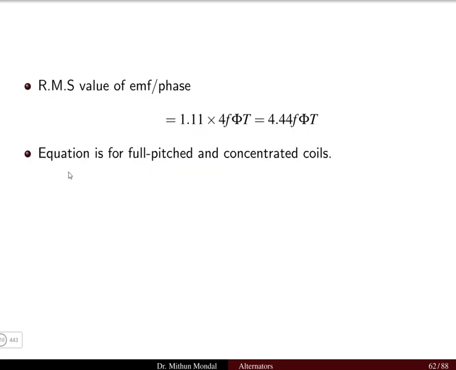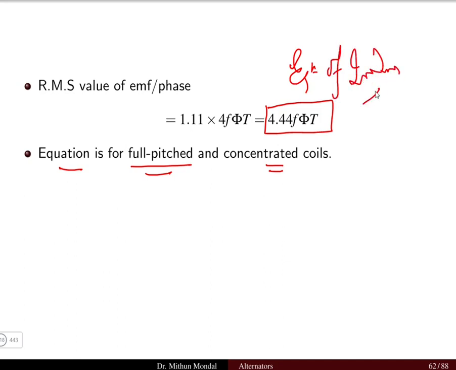Now this equation is for a full pitched winding and concentrated coils. So this is the equation of the induced EMF under the condition of full pitched and concentrated coils, and it is the RMS value per phase. So we have obtained the induced EMF per phase of the machine.